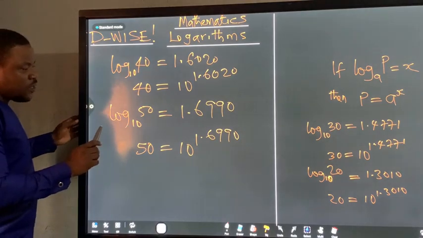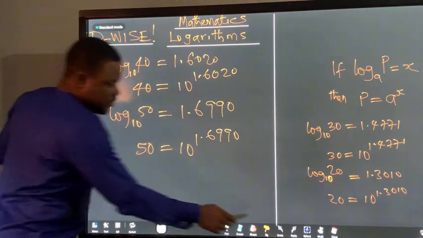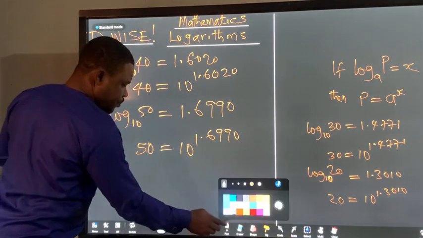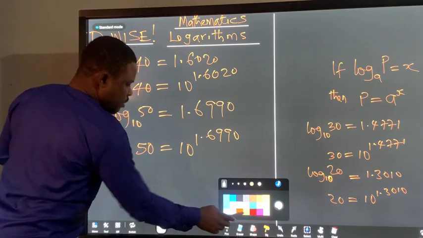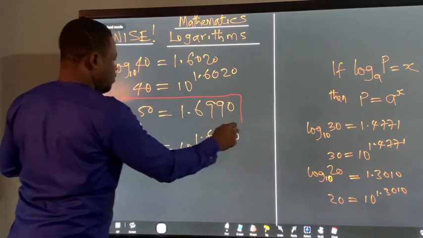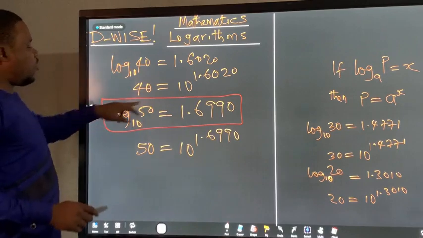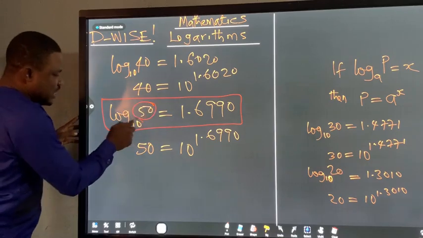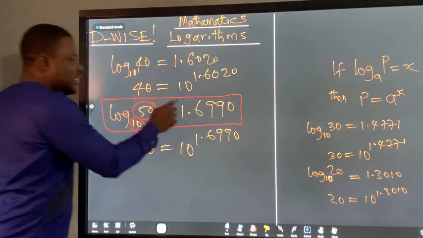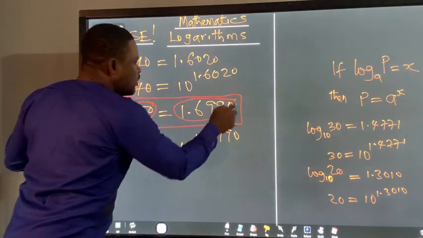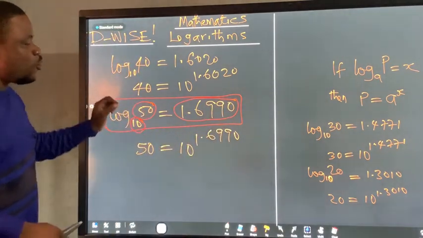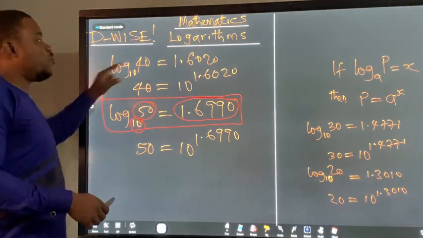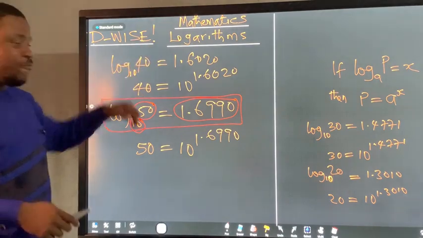So it simply means that if I have log 50, 50 is the number and 10 is the base. Then the value that I get, the value of your log, is always the power or the exponent. That means anytime you are doing logarithm, what you get is always a power for the number.